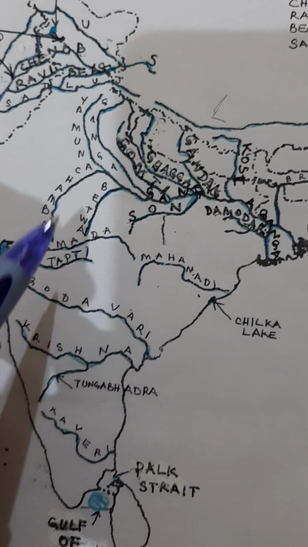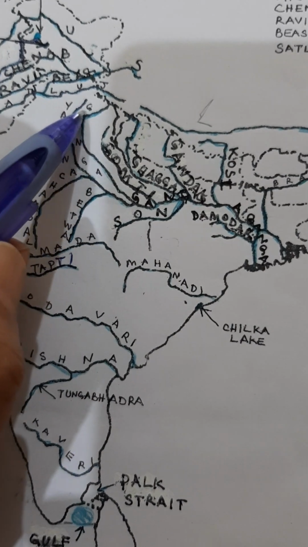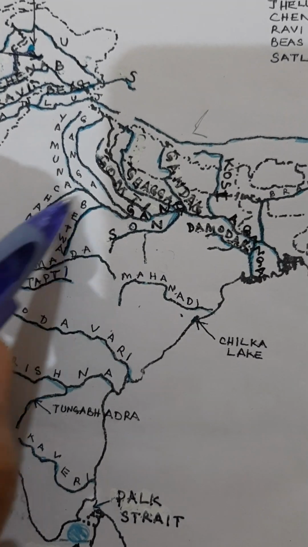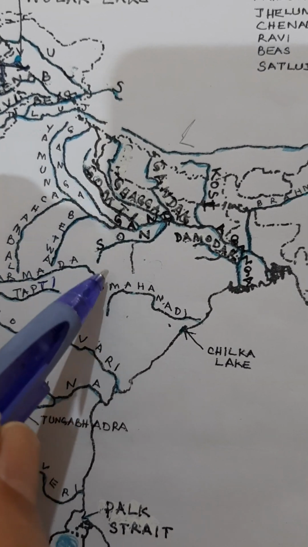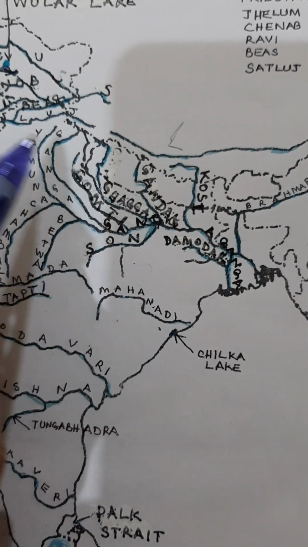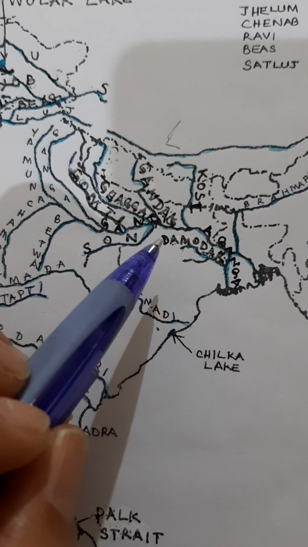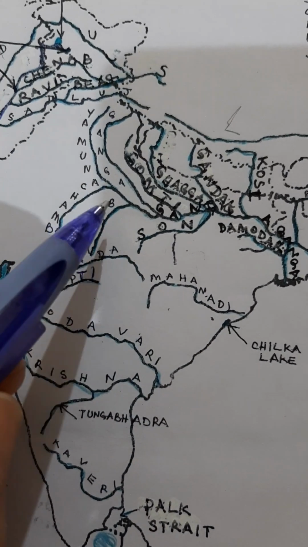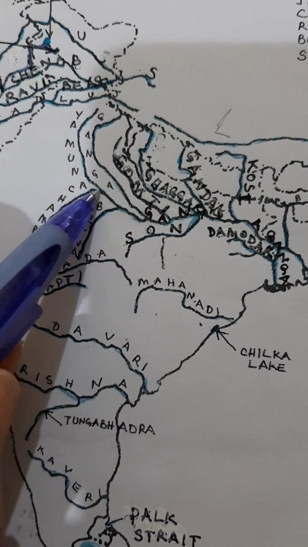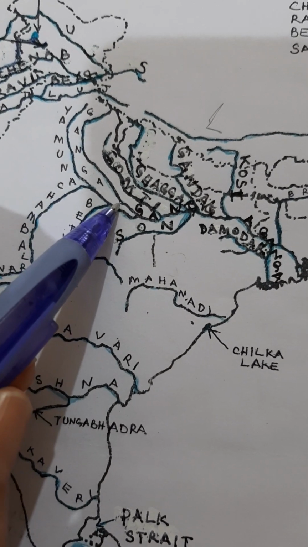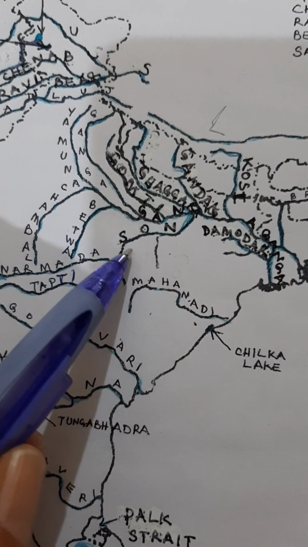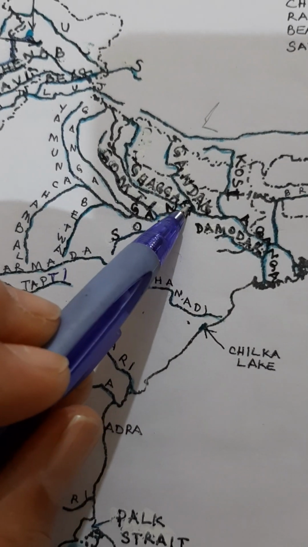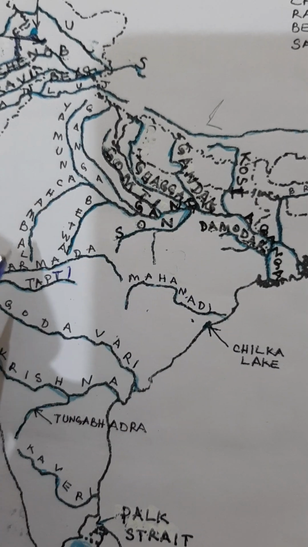So all the tributaries which join on the right side, that is river Yamuna, river Chambal, Betwa, Son, all these are right bank tributaries. So Chambal, if you notice, river Chambal and river Betwa, they are not directly joining Ganga, they are joining Yamuna. And it is only river Son which is directly joining river Ganga.